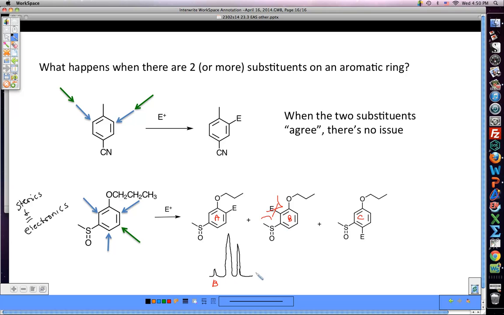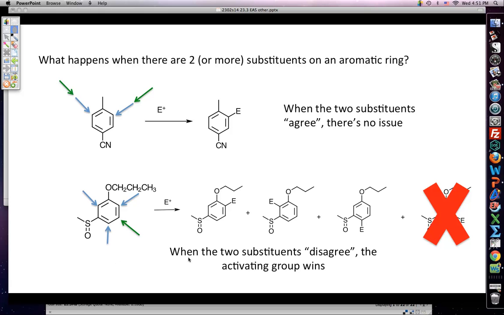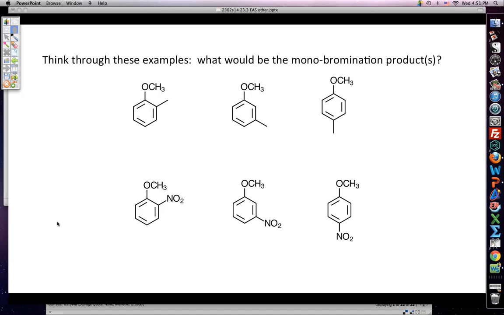But B, definitely a minor player. Beyond minor is the product that would be derived from meta direction by the sulfone here. That's not going to be formed because when the two substituents don't agree, it's that activating group that calls the shots.